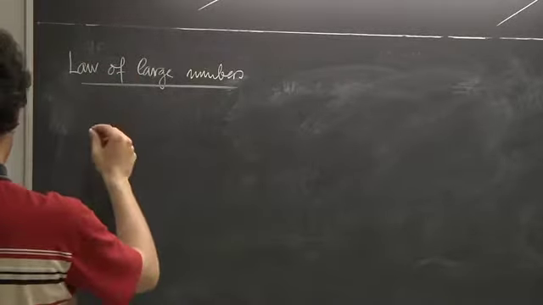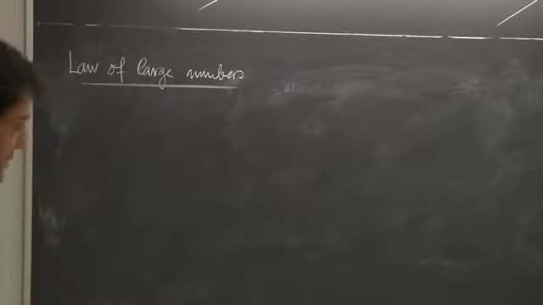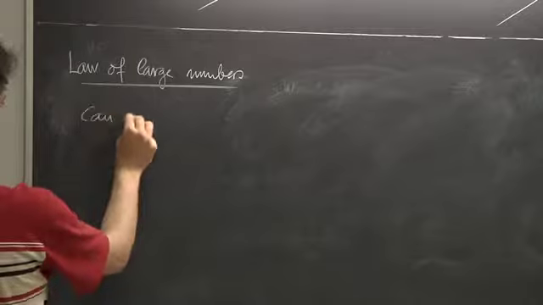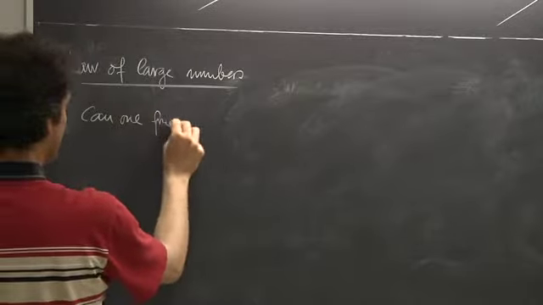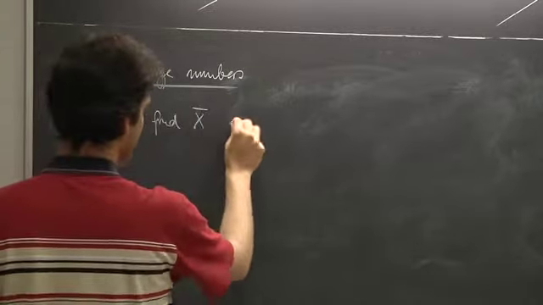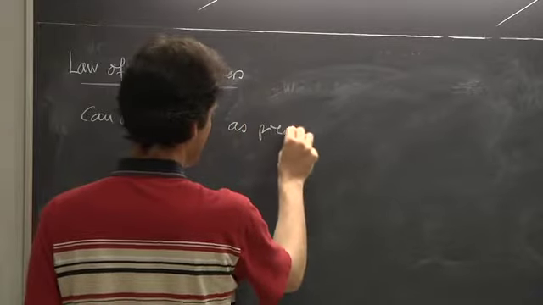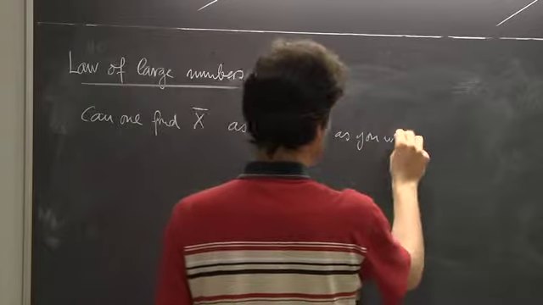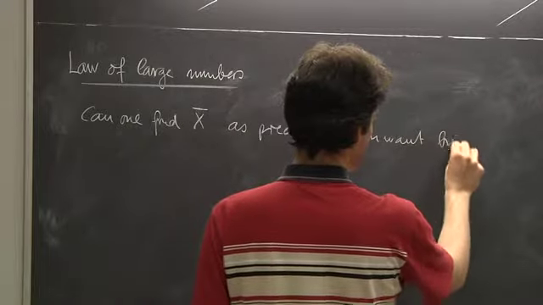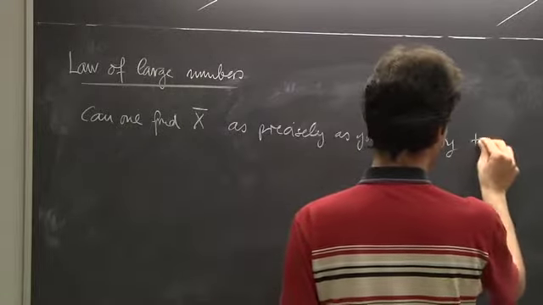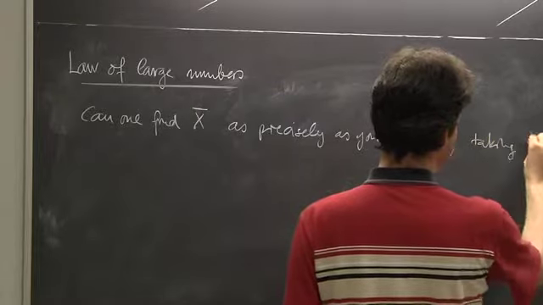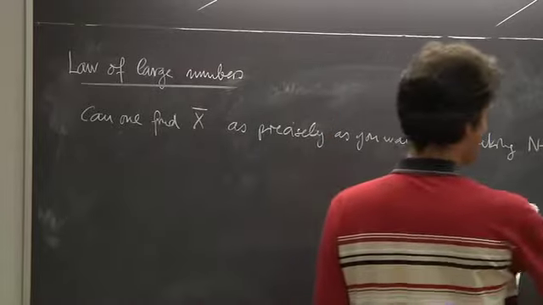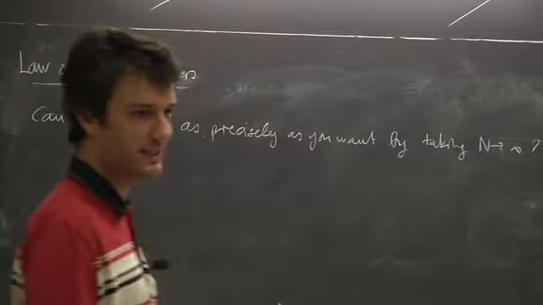So you can ask yourself, is it guaranteed that you will find, can one find x bar as precisely as you want, by taking as many measurements as you want? Your gut feeling will be yes, of course.